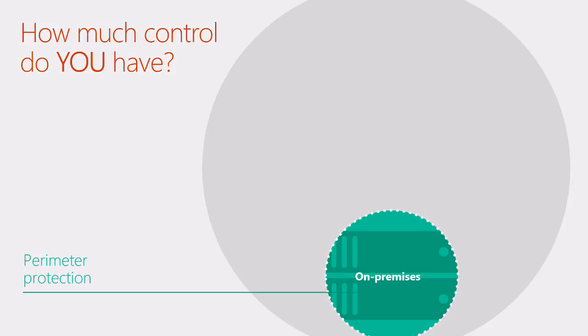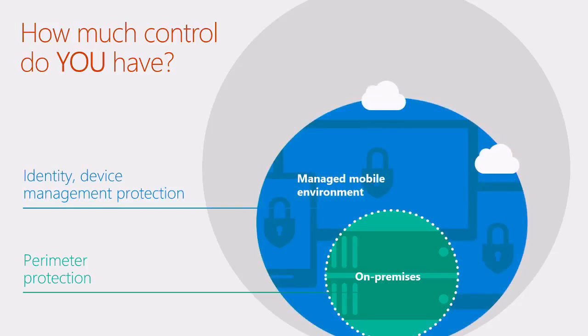You know, they had firewalls, they had perimeter protection. They generally felt fairly comfortable about what they were doing. You knew where your data was, you knew where it was going, you had a lot of control over it.